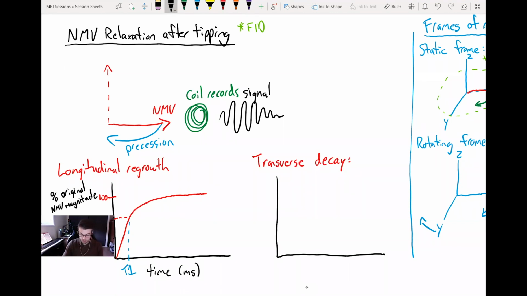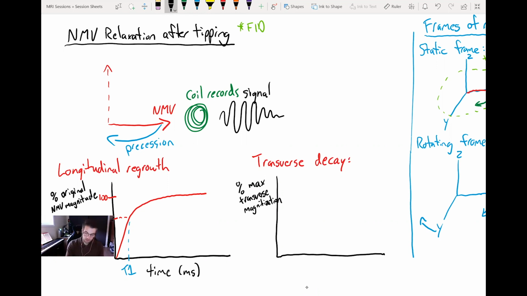So again, instead of percent of the original NMV magnitude, we have the percent of, say, maximum, I'll keep it to max, the percentage of max transverse magnetization. Magnetization is such a long word.